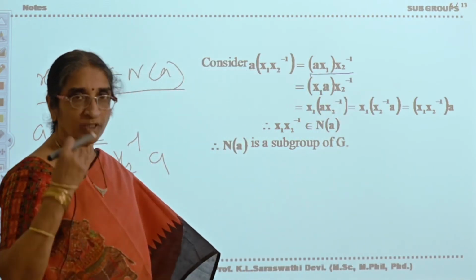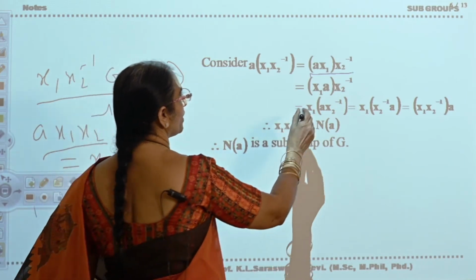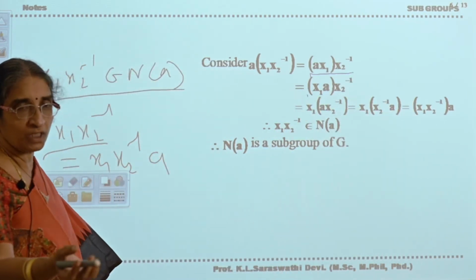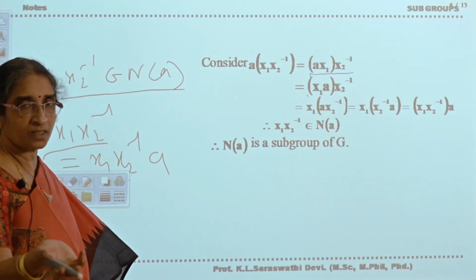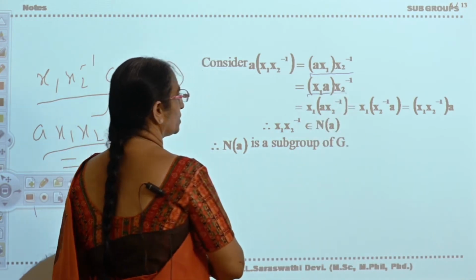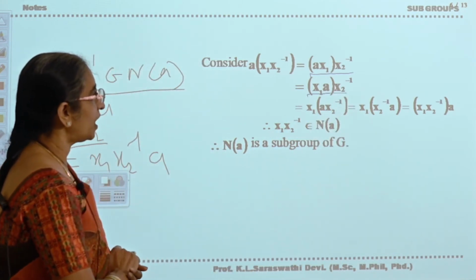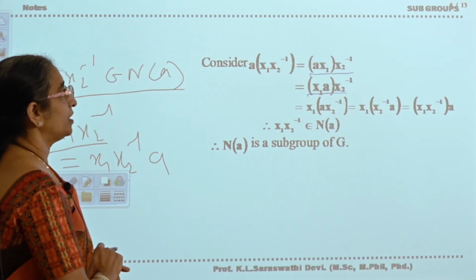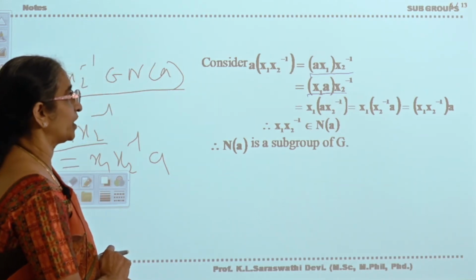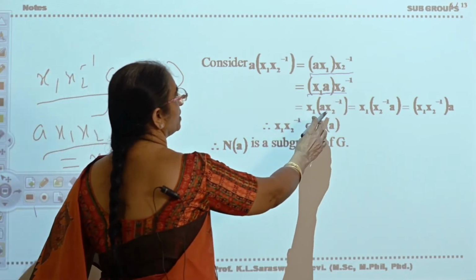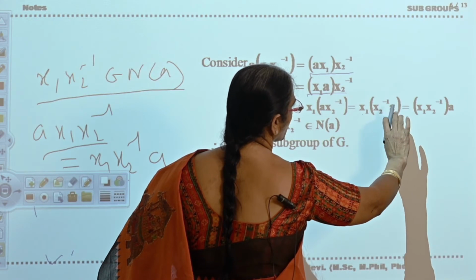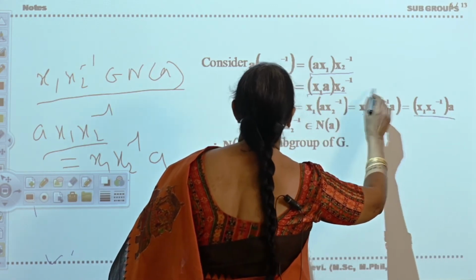A x1, since x1 is in N of A, where Ax is equal to xA, can be written as x1 A. So A x1 is equal to x1 A. From there you can take x1 A x2 inverse. Now x1 x2 inverse A you can write, because A x2 inverse is x2 inverse A. Therefore, x1 x2 inverse A.